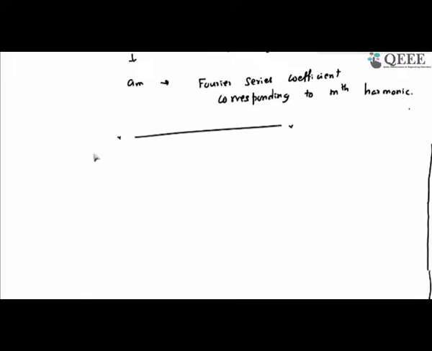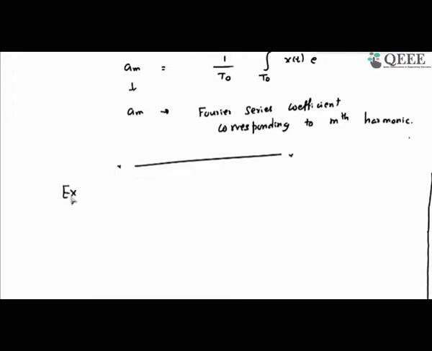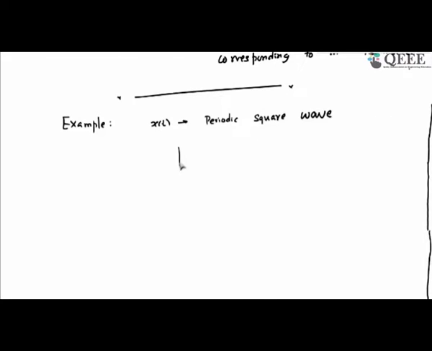First I will take an example to illustrate the Fourier series. Let us say x of t is a periodic square wave. This is your time and this is your signal.